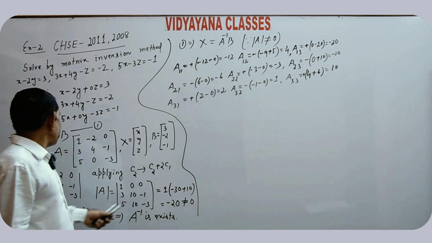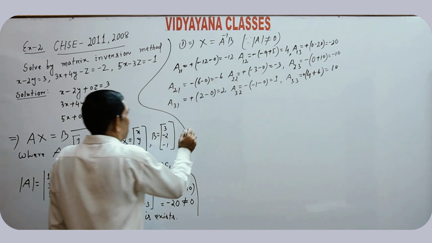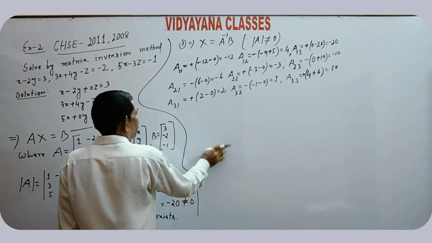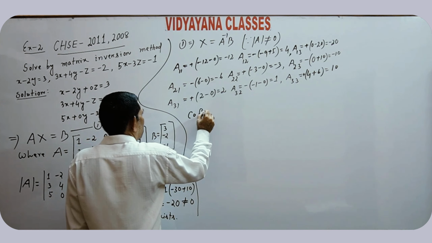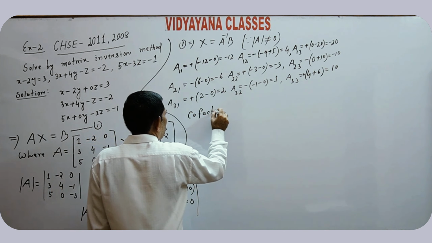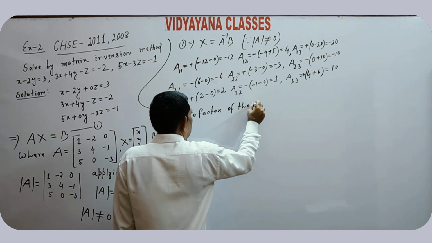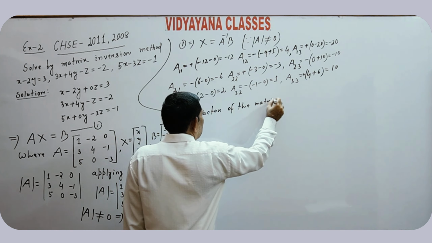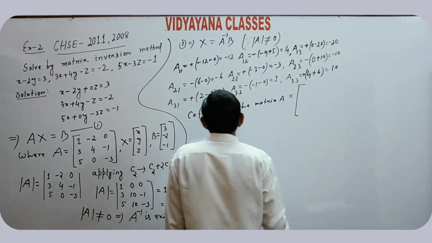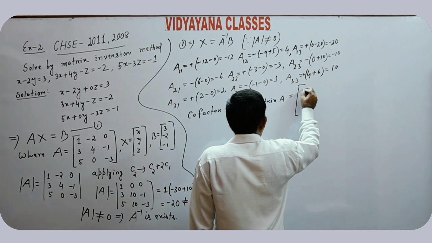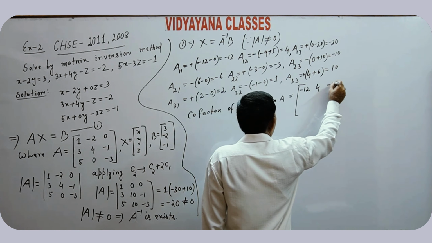These are the cofactors of the elements of the matrix capital A. Cofactor matrix. Cofactor of the matrix capital A. It gives minus 12, 4, minus 20.